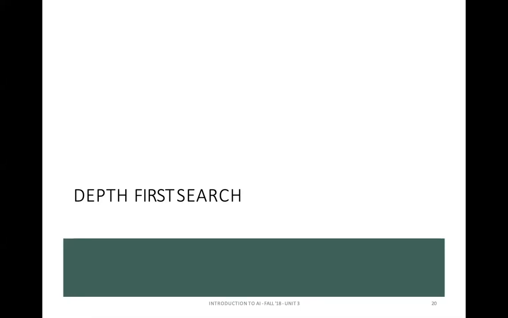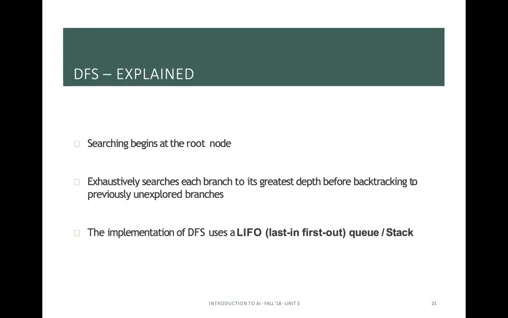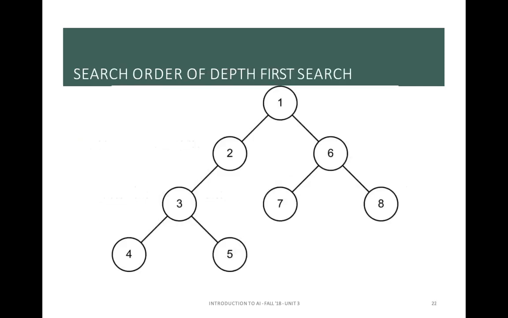Now let's look at some of the variants of depth first search. Depth first search, we know, is last in first out, or in terms of data structure, it's a stack. What you see as numbers is actually the traversing path of depth first search. So if we start from left to right conventionally, at 1, the starting node, our frontiers will be 2 and 6, but we will not go breadth-wise, we'll go depth-wise.